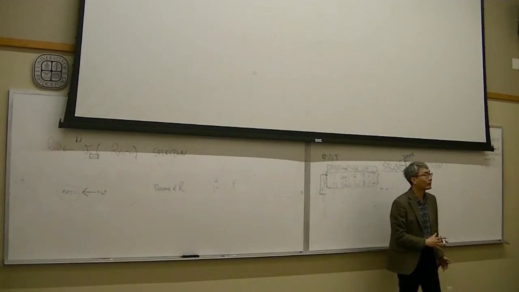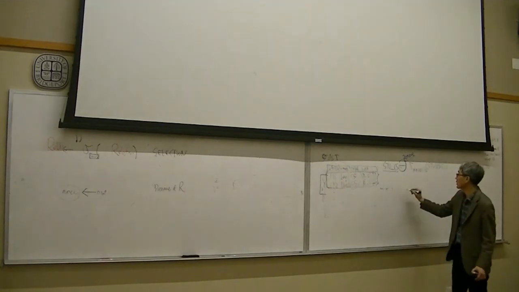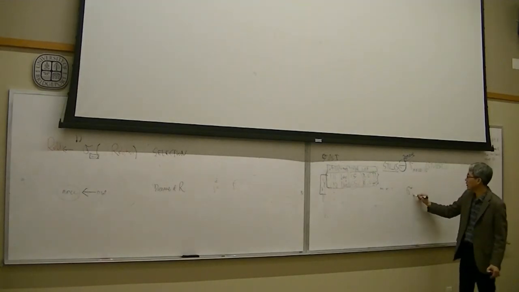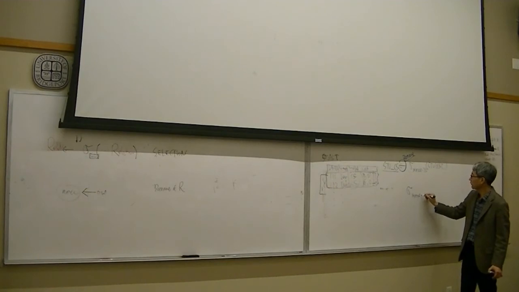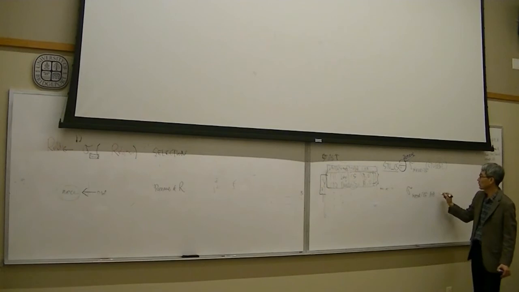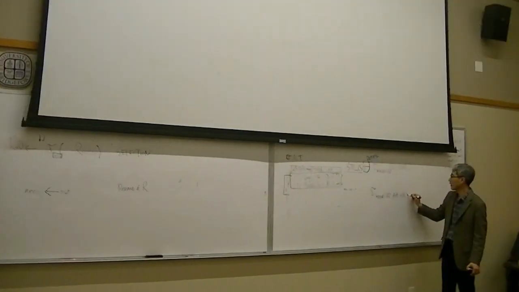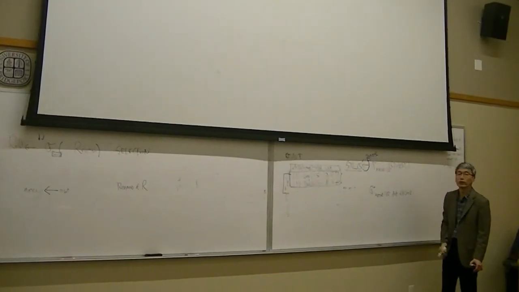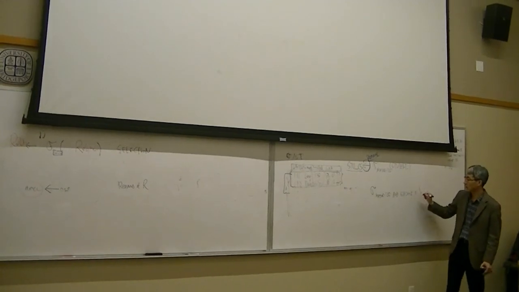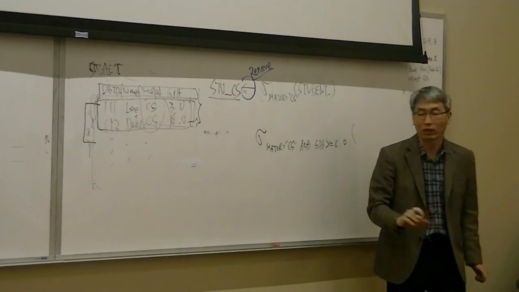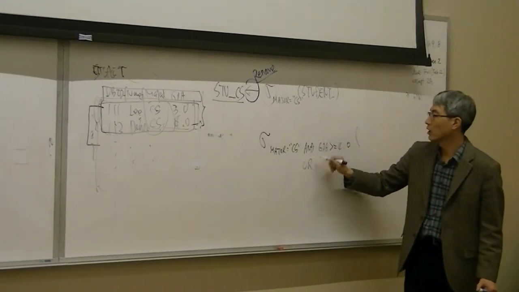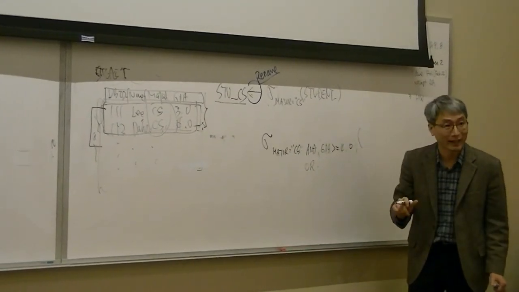We can add a logical operation simply like this: the major is CS and the GPA is equal to or bigger than 4.0. This is a condition. We can use any logical operation, even or, even parentheses, anything.